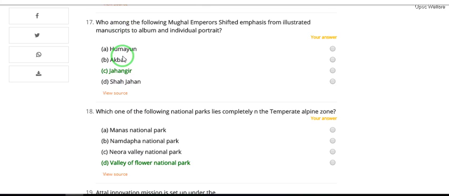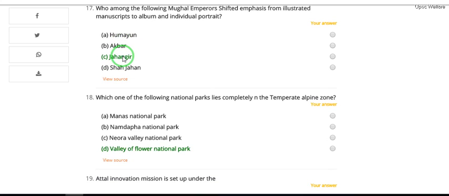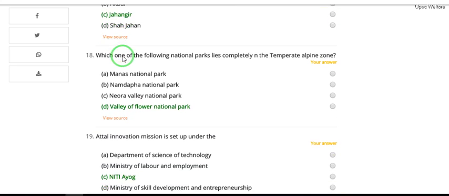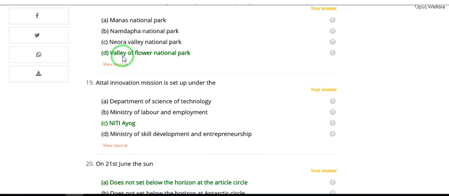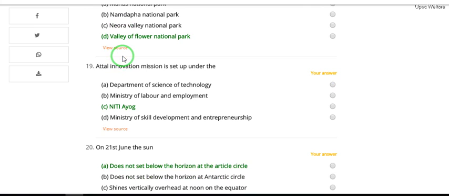Now question 17, which among the following Mughal emperors shifted emphasis from illustrated manuscripts to albums? That is going to be of course Jahangir. Now which one of the following national parks lies completely in the temperate alpine zone? Then this is of course Valley of Flowers National Park.